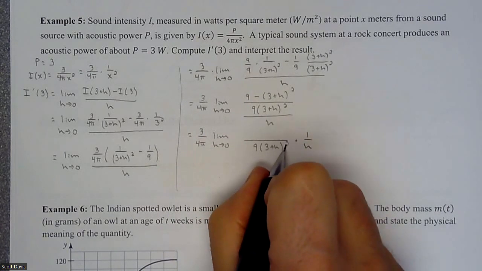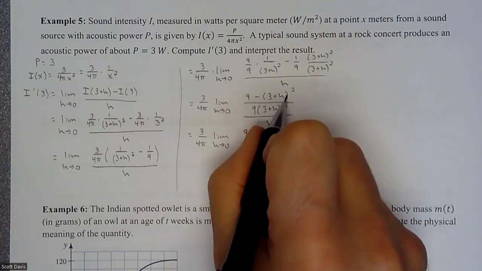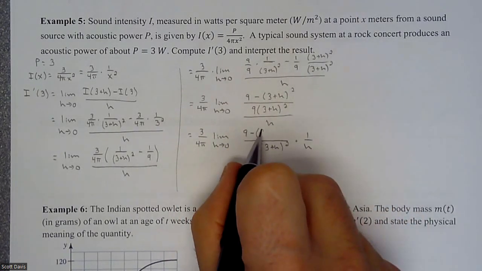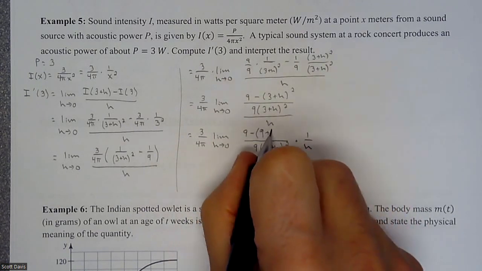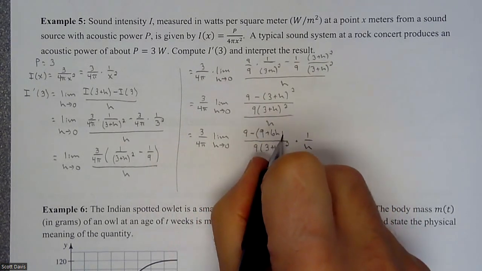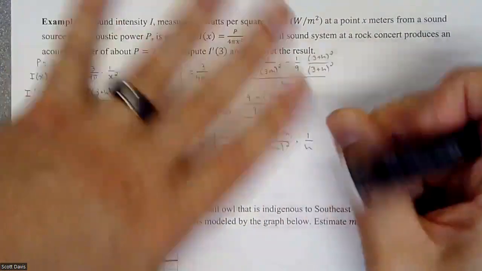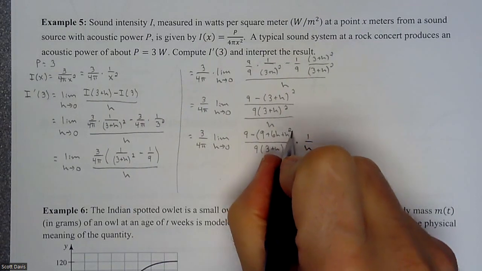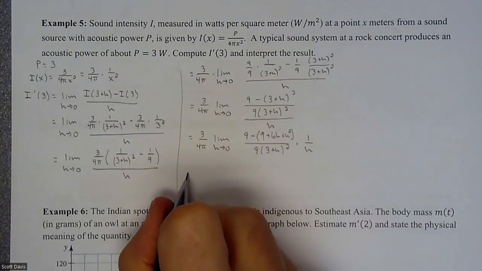Let's say (3 plus h) squared. So it's going to be a 9 minus, and if I multiply that out, I'd have a 3 times a 3, and then I'd have a 3h and another 3h, so 6h plus h squared. Right? So let's combine our like terms.